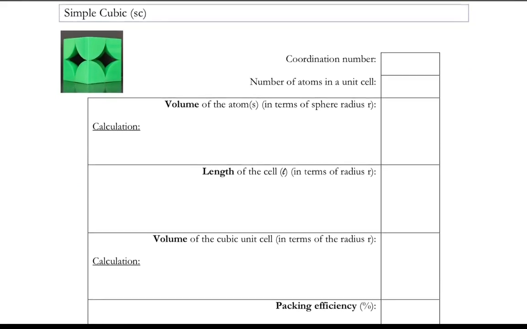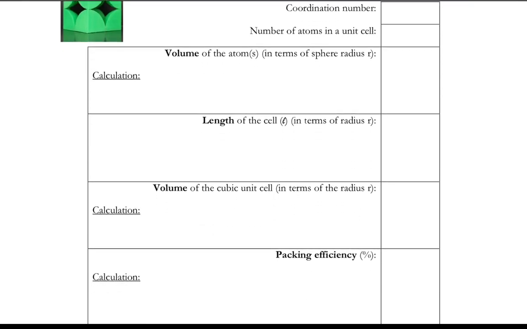The volume of the atoms in terms of the sphere radius r. So that is going to be the number of atoms in the simple cubic times 4/3 pi r cubed. Show your calculation, show the answer on the right. The length of the unit cell in terms of r.